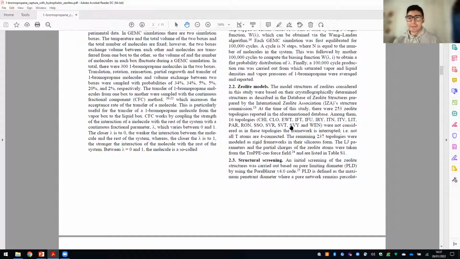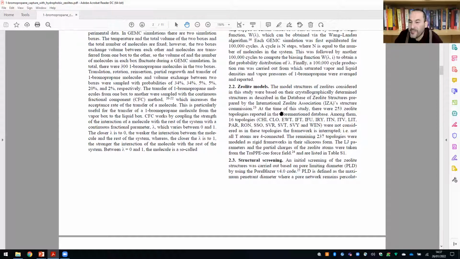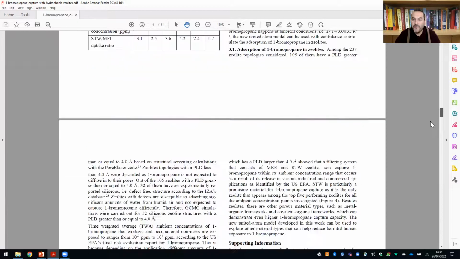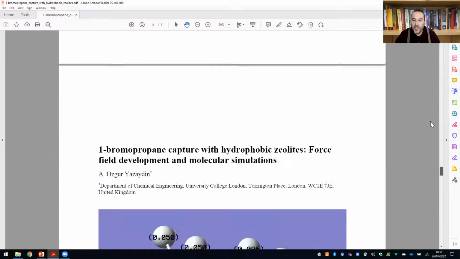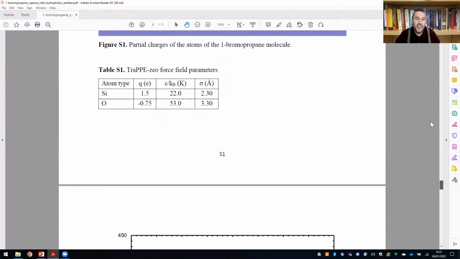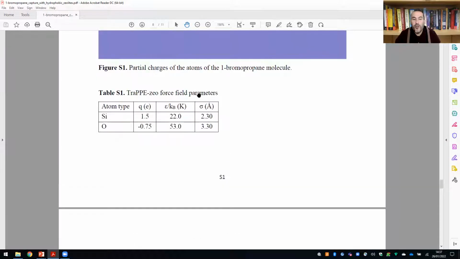Which force field did you use for the zeolite? Oh, yeah, it's a very good question. Obviously, which force field did I use for the zeolite? Yeah, because you said that you fitted the force field for the... Of course, thanks for picking that up because I forgot to tell. Of course, for the zeolite, you also need force field parameters. I used something from the literature, because there is a force field called the TraPPE-zeolite force field.